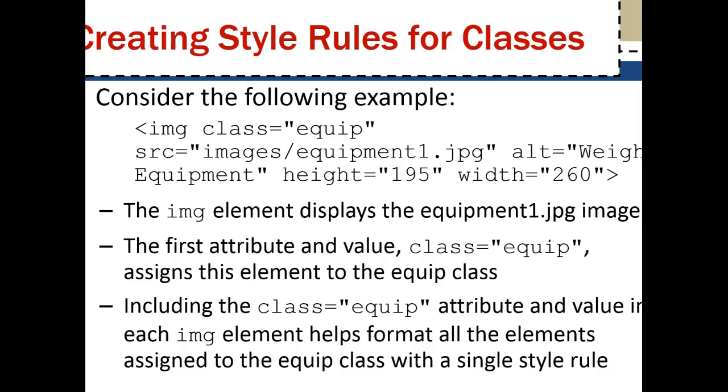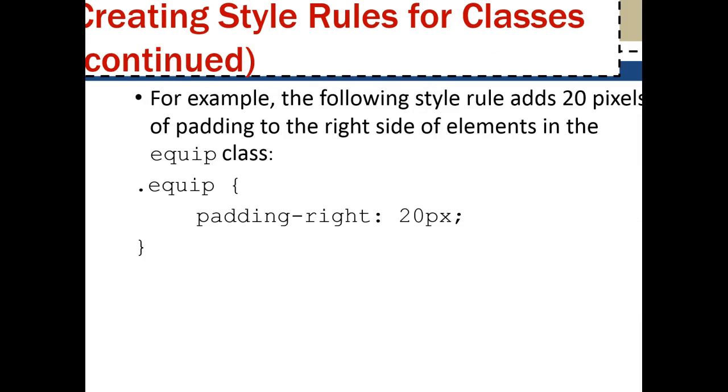So we can put some rule for that class, and for example, we can have padding-right of 20 pixels. That basically means that we are using a class name as a selector and including a period before the class name. This is similar to the way that we include a number sign with an ID selector.